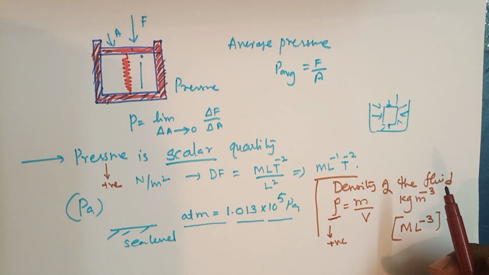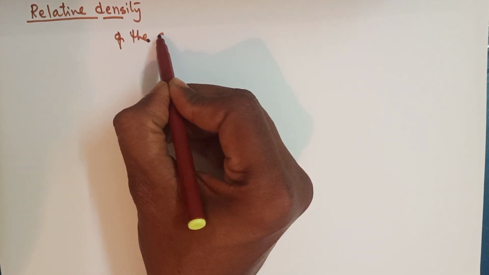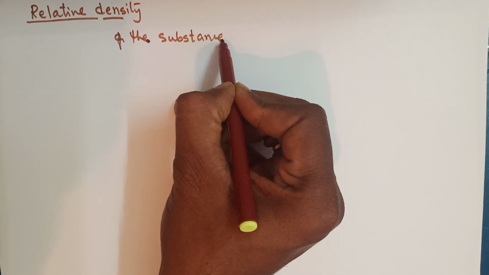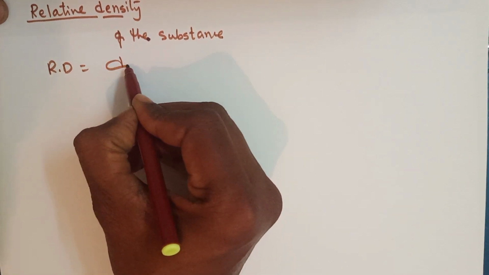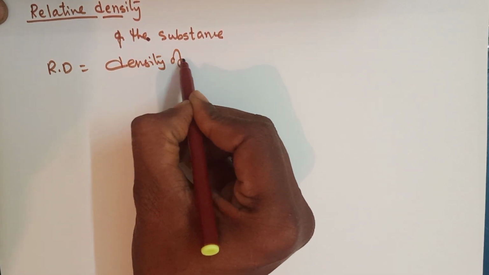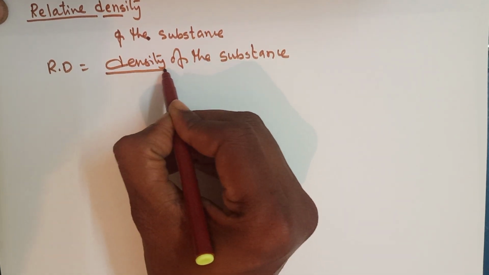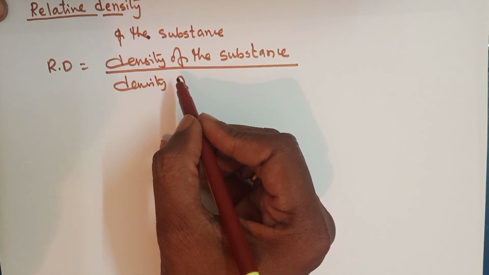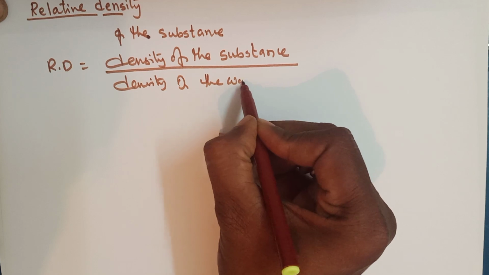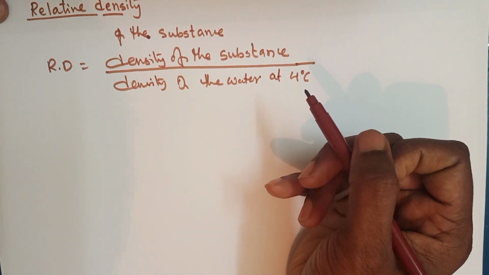What is the meaning of relative density? Let's see. Relative density of a substance is the density of the substance divided by the density of water at 4 degrees centigrade.